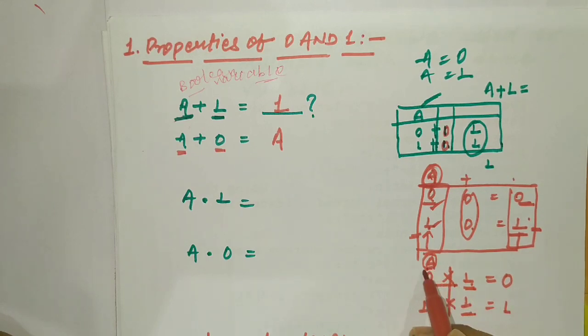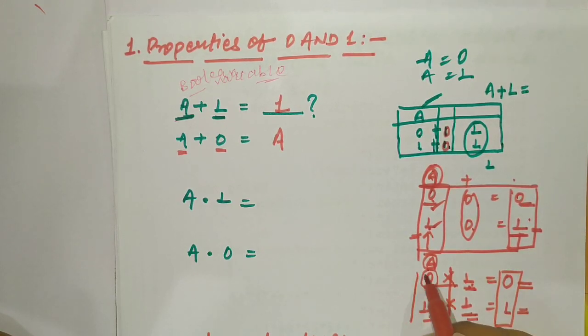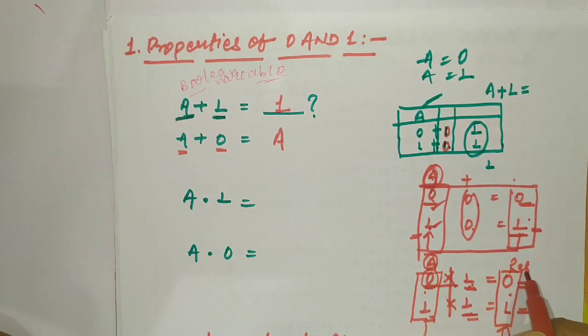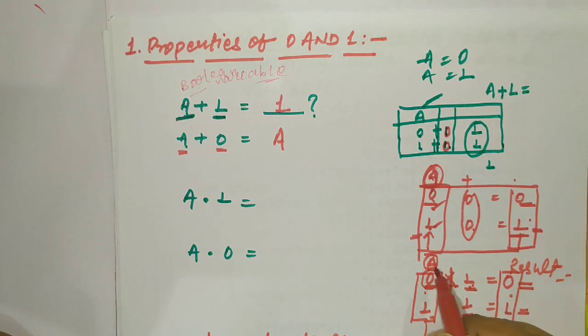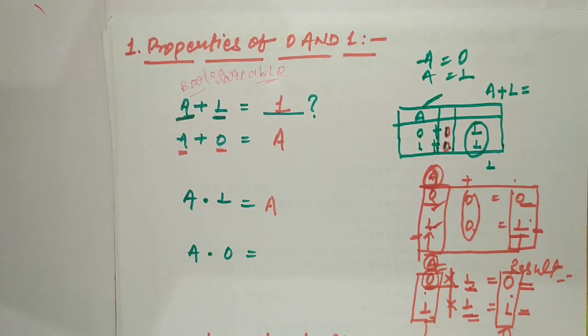If the number is 0, multiplied by 1, the output is 0. If the number is 1, multiplied by 1, the output is 1. Here the result is the same as the input value. These are the same as a. So here I have written a.